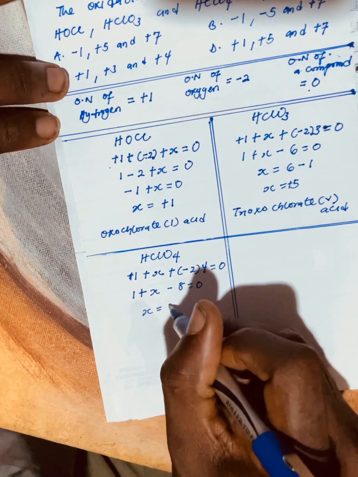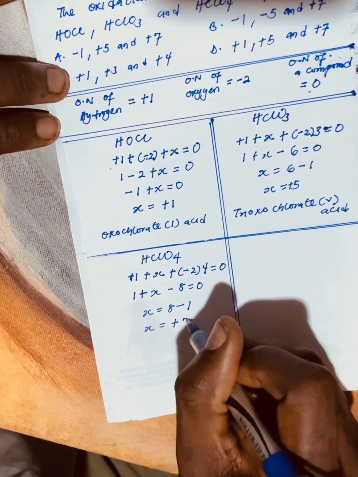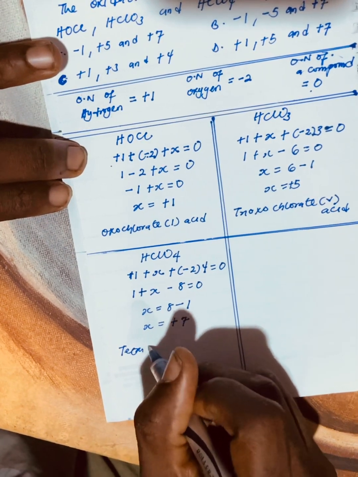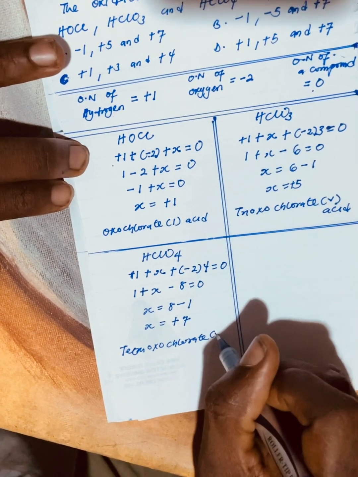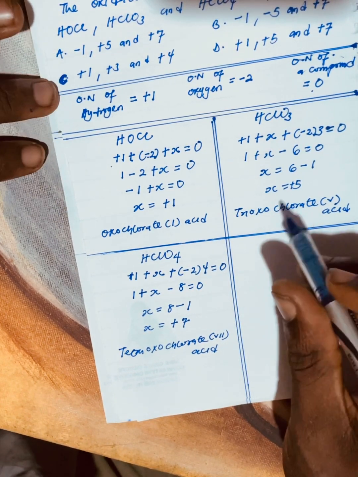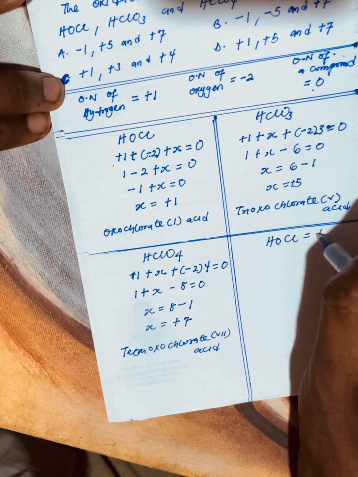So X equals 8 minus 1. X equals +7. So this compound is tetraoxochlorate(VII) acid.